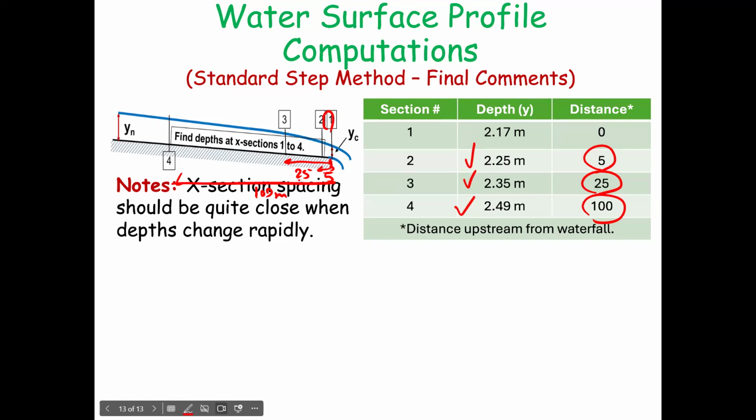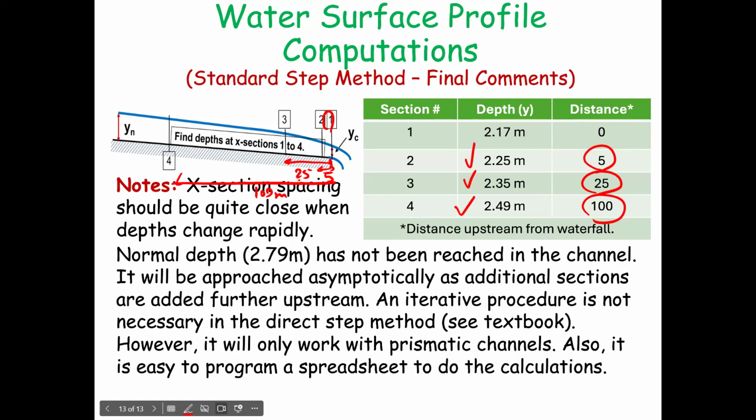In the first method, you have y's, but you don't know the distance between them. For the second method, which is the standard step method, you have delta x, you know the distance between them, but I ask you to give me the y at a specific distance. That's your job. So this is all we have.